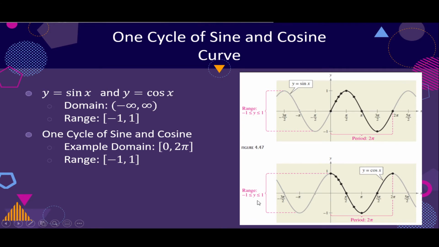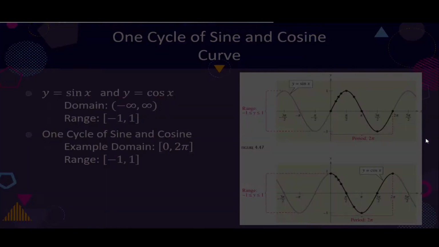We have a clear domain for our period, that is 0 to 2 pi. And for our function, sine and cosine of x, we notice that it goes on forever. Now this is our sine of x up here, and we see that it starts at 0, goes up and back down. Cosine starts at 1 and goes down. Okay, that's going to be important for mapping some of the things we need to do.